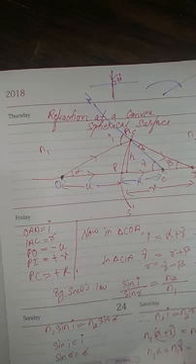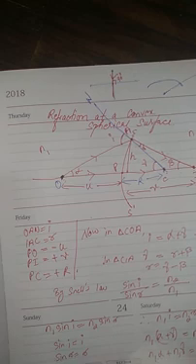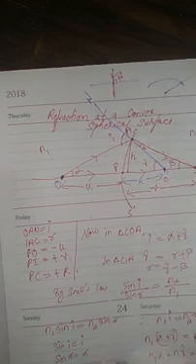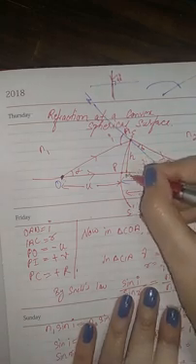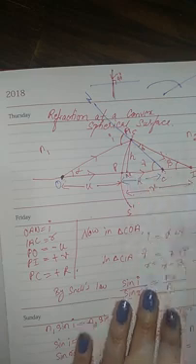Next thing we are going to consider is that for a very small aperture, the point M will be quite close to point P. This is the point M. M and P lie at almost the same place, very close to each other.